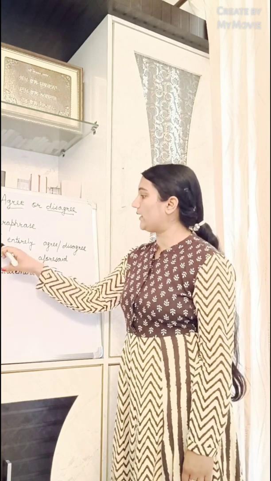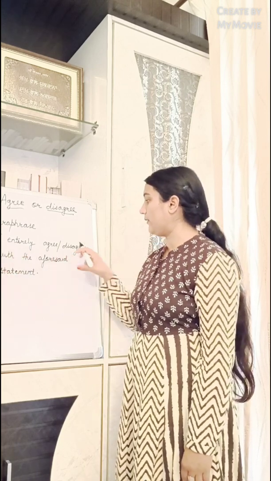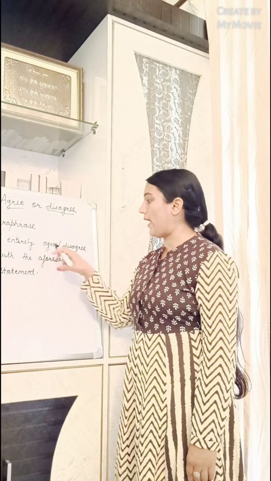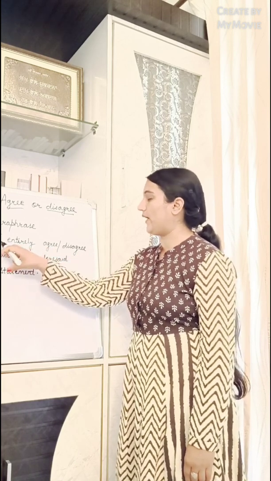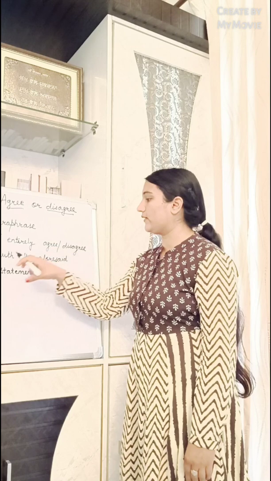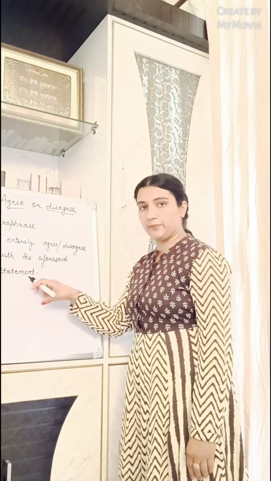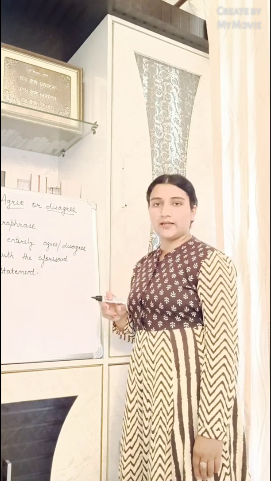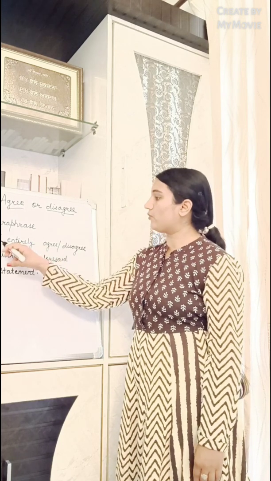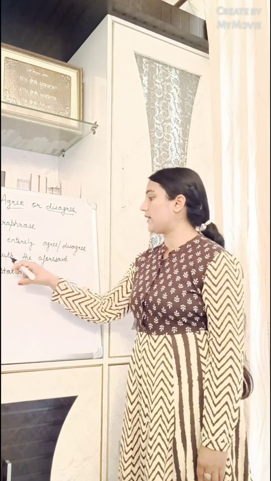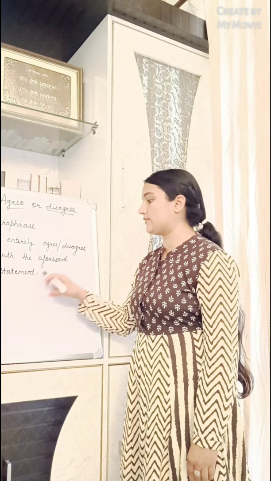So you have to write that I entirely agree or disagree. If you are agreeing with the statement, then you have to write I entirely agree with the aforesaid statement. And if you disagree with the question, then you have to write I entirely disagree with the aforesaid statement.